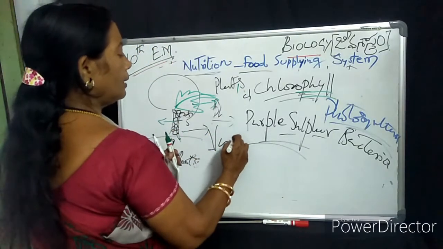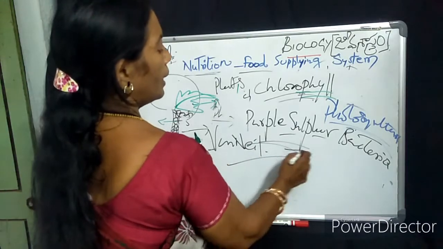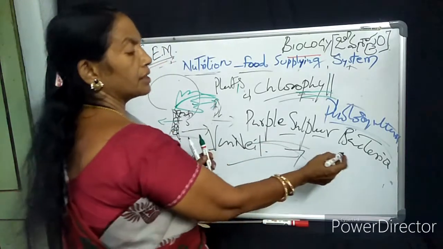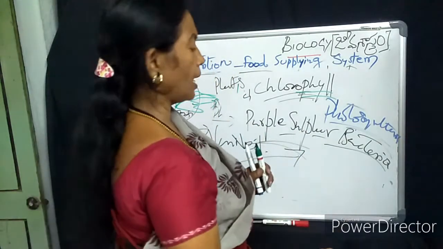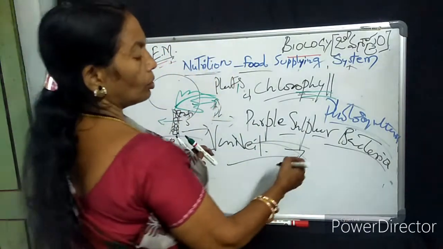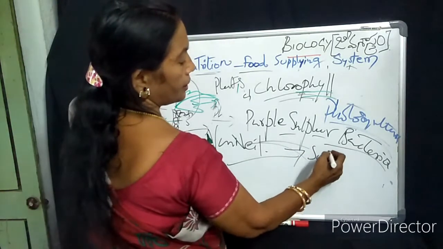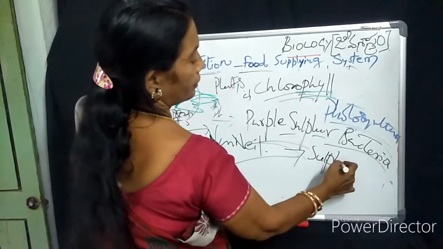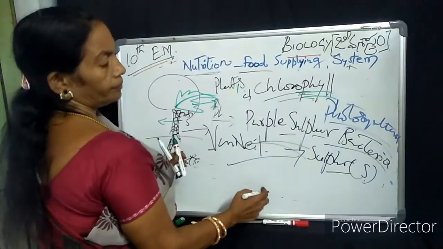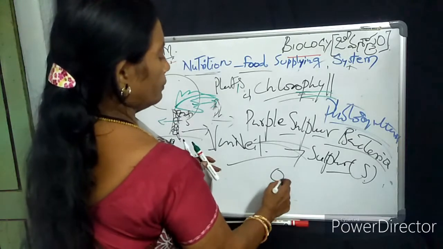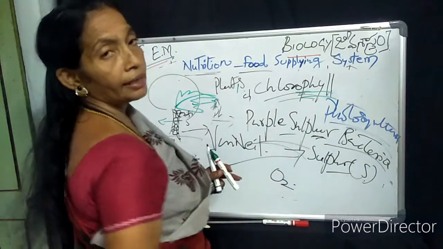Van Neal did many experiments on this sulfur bacteria, called purple sulfur bacteria, and he came to know that sulfur is released instead of oxygen, because it has sulfur in this bacteria.